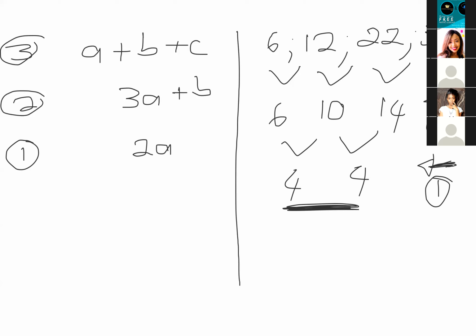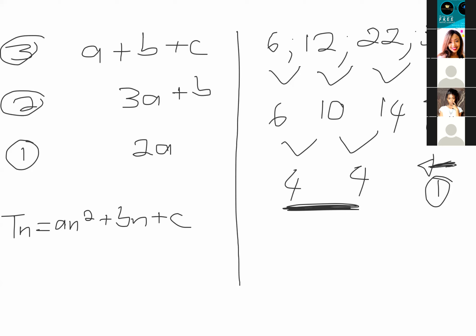And then what you're trying to figure out here, because remember, for quadratic sequence, the formula is Tn is equal to an squared plus bn plus c, right?